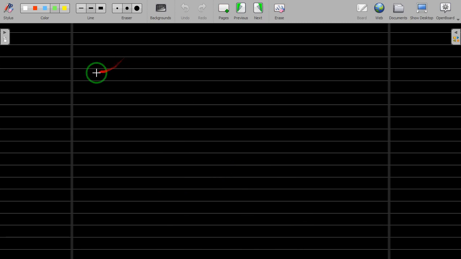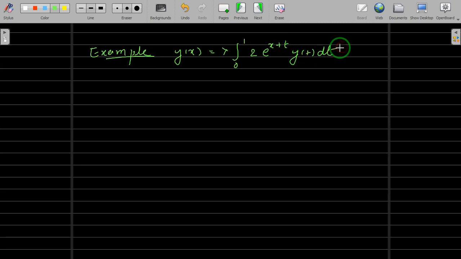Take another one. We'll take 3-4 examples and then we'll wind up this. Follow the same procedure. Y of x is equal to lambda integral 0 to 1 of 2 times e raised to x plus t, y of t dt.